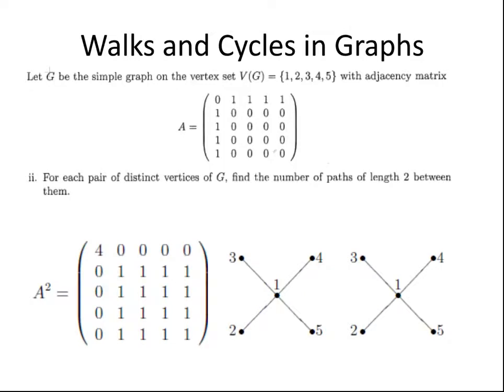Moving on, we are asked, for each pair of distinct vertices of G, to find the number of paths of length 2 between them.